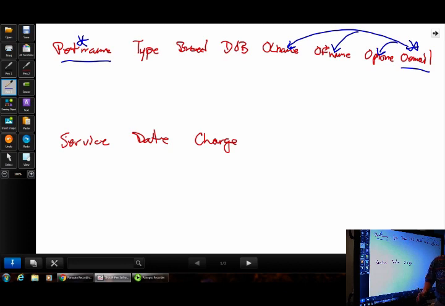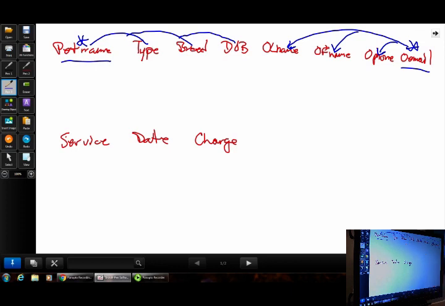So the email and the pet name would determine the breed, right? The type and breed. It would determine the type, the breed, and the dog's date of birth. All the information about the dog will be determined because I have that unique combination of my email and the pet name.